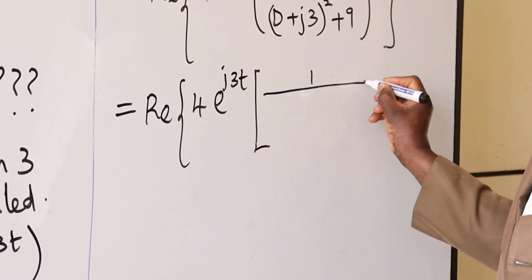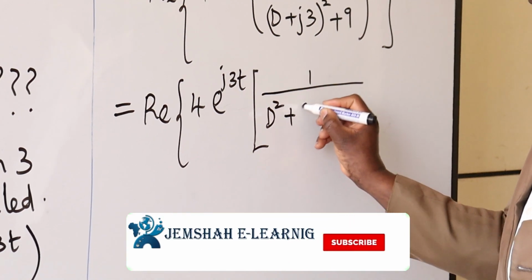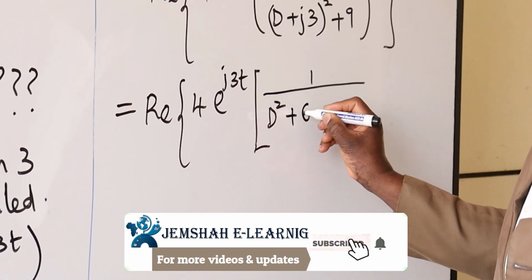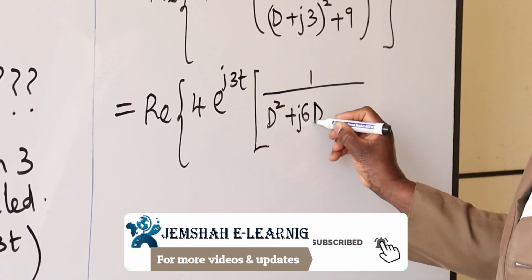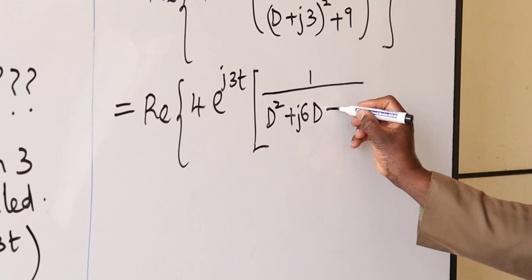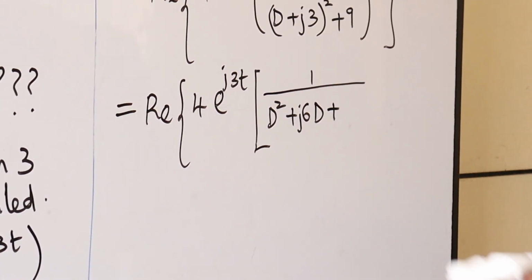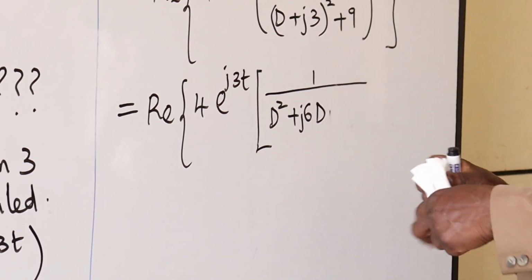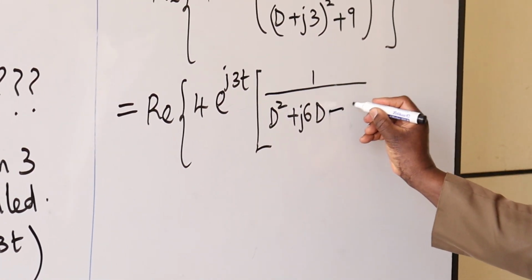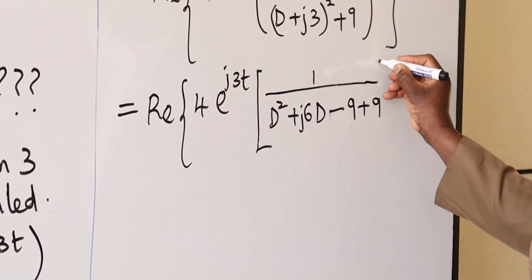If we expand this, what we get is D squared plus j6D, minus 9, then plus this other 9.